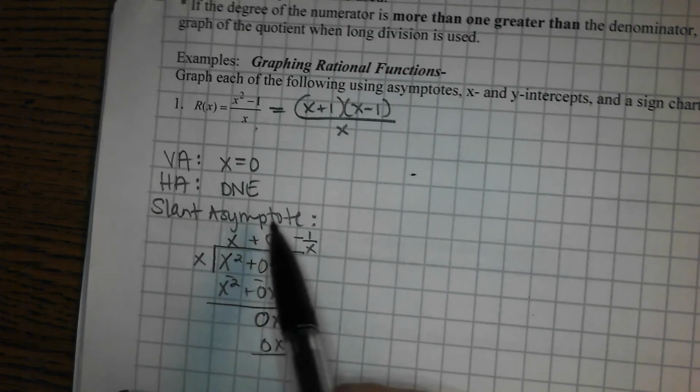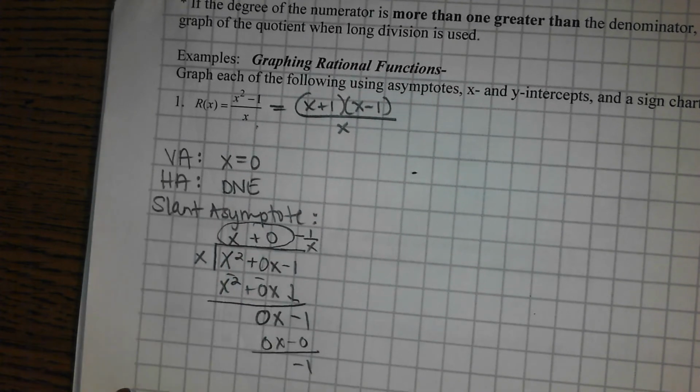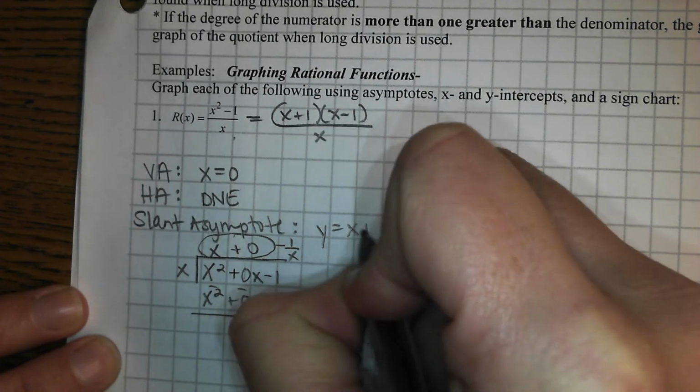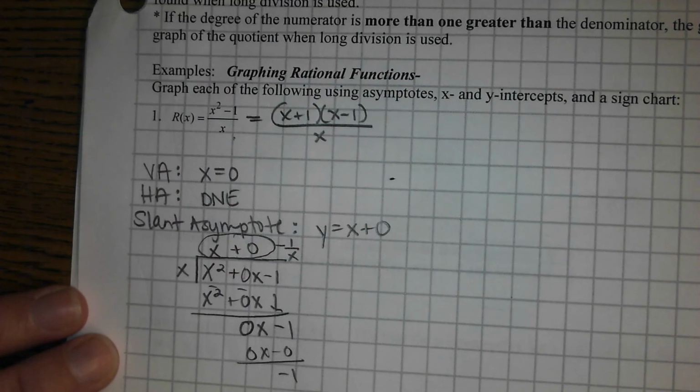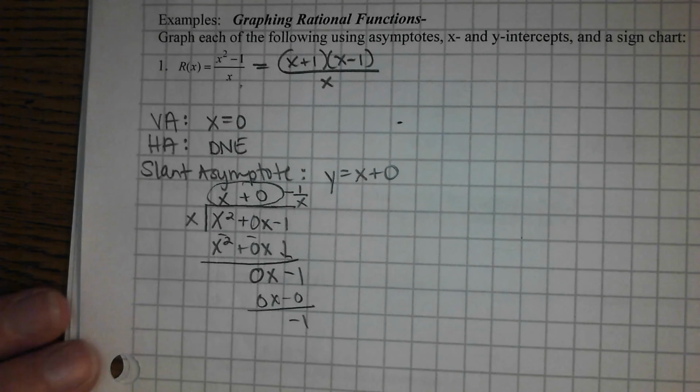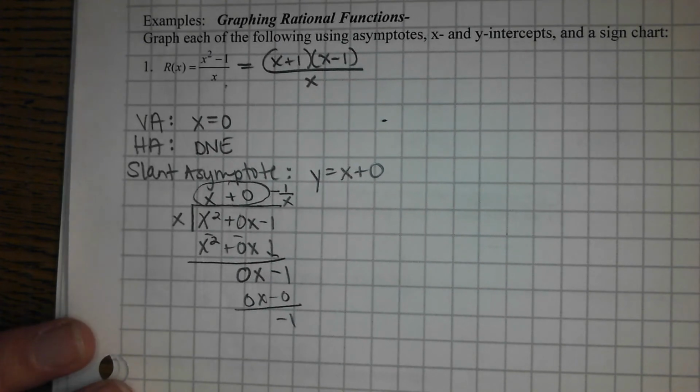So really, this portion, that's my slant asymptote, which is just the equation y equals x plus 0. Y equals x. I'm just putting the 0 there, so it's got the mx plus b format.